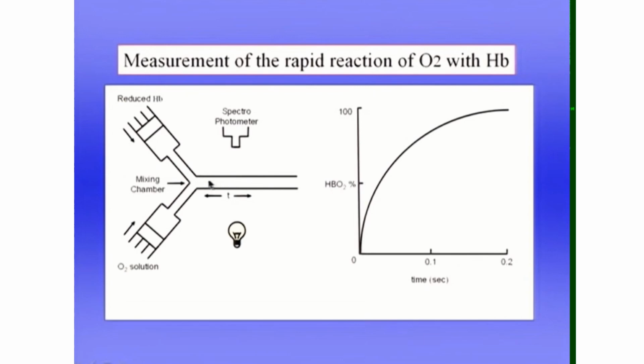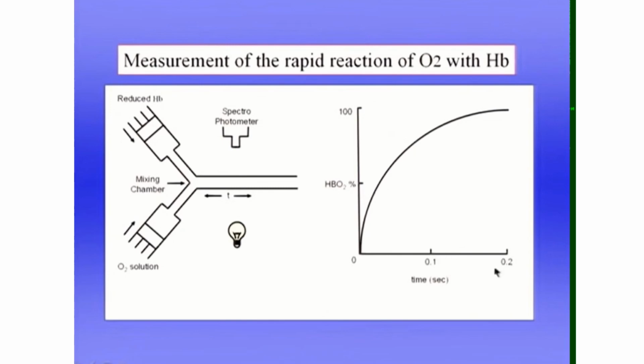After a certain time has passed, we've got a certain concentration of oxygenated hemoglobin. And so here's a plot of the oxygenation of the hemoglobin. It starts off at 0 here, completely reduced, and it's going to end up at 100% here. And this is the plot here of oxygenation of the hemoglobin against time.